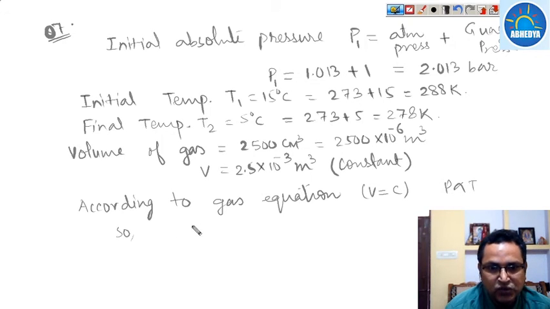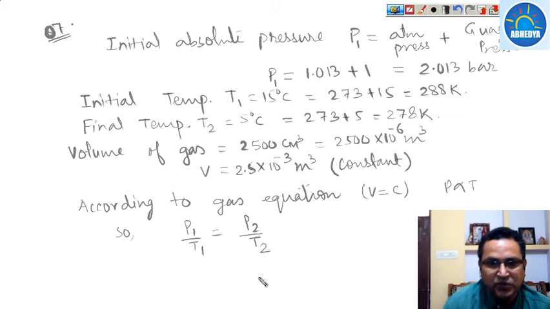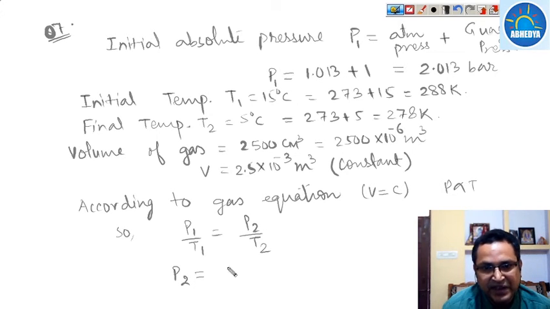So we can use the relation P1 upon T1 is equal to P2 upon T2. So we will find the final absolute pressure. This comes to be P1 T2 upon T1. What is the value of P1? P1 is 2.013 into T2 is 278 divided by T1 is 288.